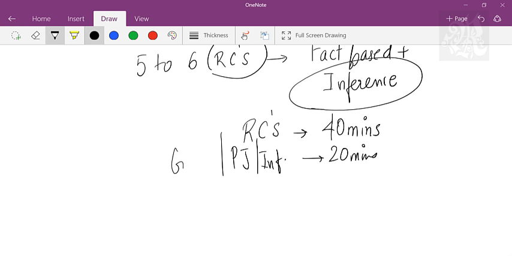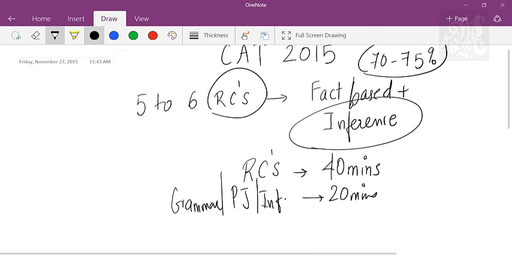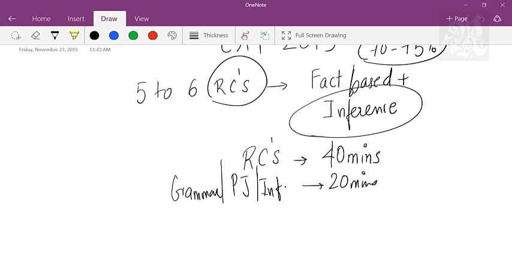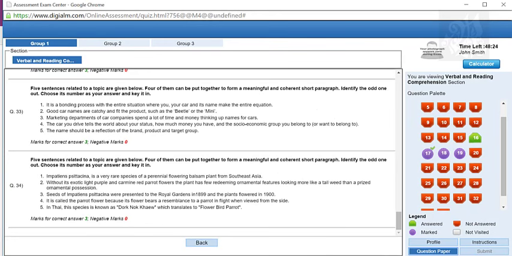Okay, so I guess that's about the verbal section. The strategy for the verbal section would be, I'd suggest that people who are good at PJs, inferences and stuff, you must start with PJs and inferences at the start. So first round you'll directly jump in.